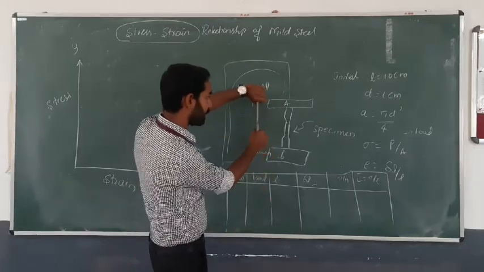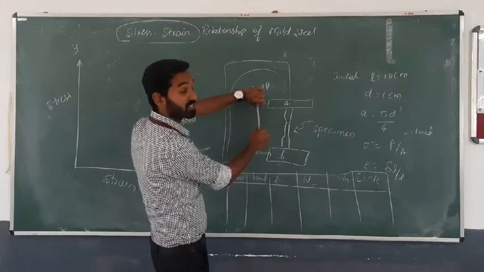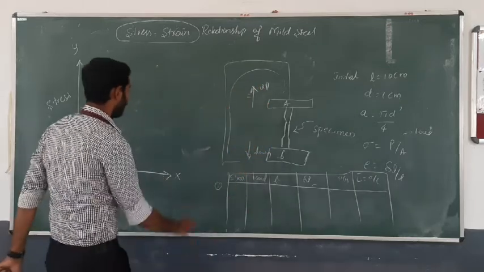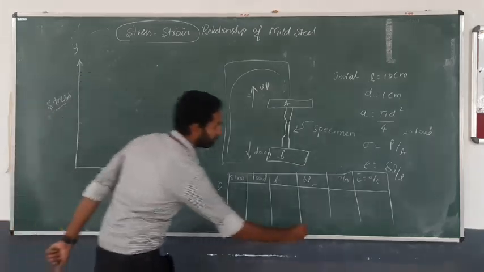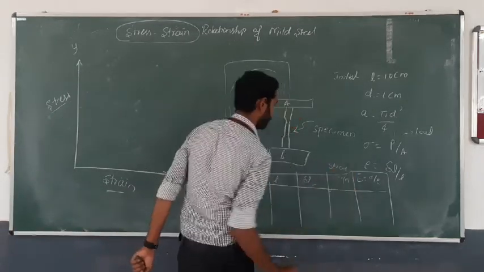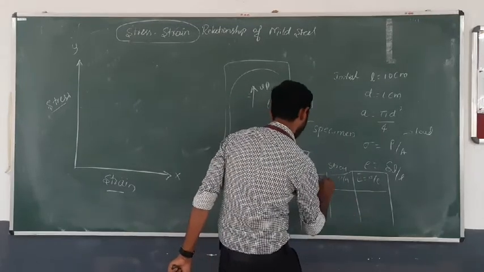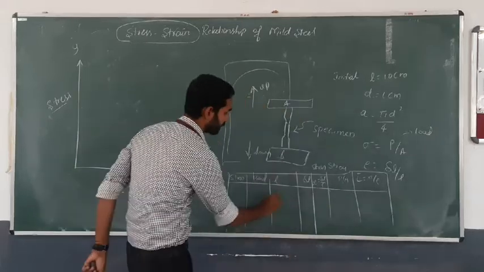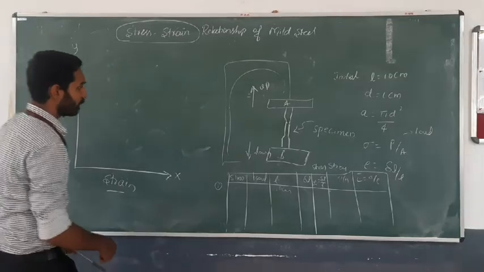After placing the specimen, we need to apply gradual loading, not sudden loading. Hence, the stress and strain will be taken from the table. This will be stress, and one more thing we need to do, strain, delta L by L. The initial length is common, 10 cm throughout the experiment.